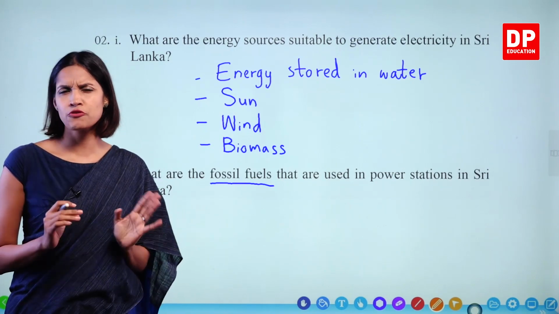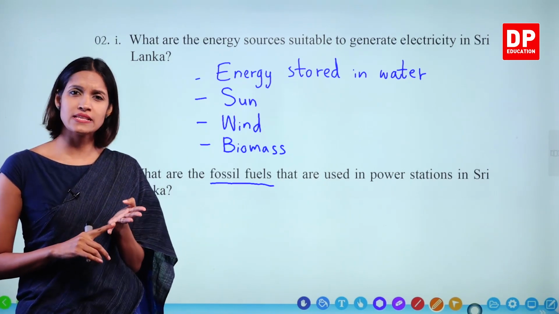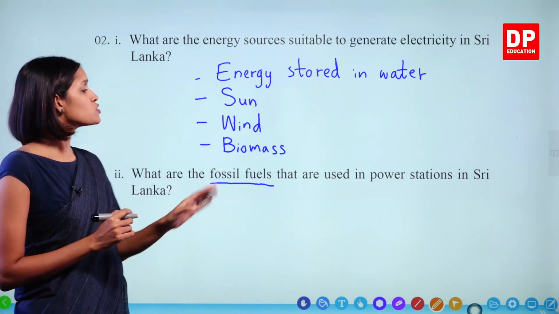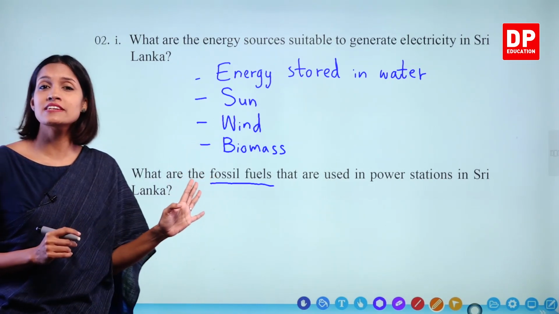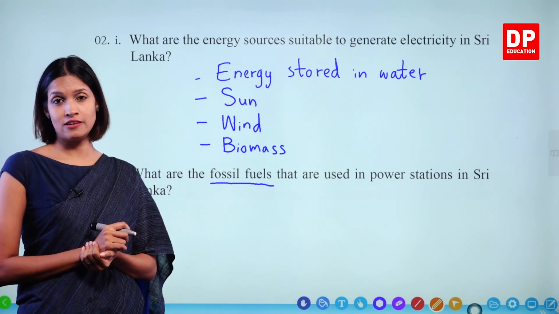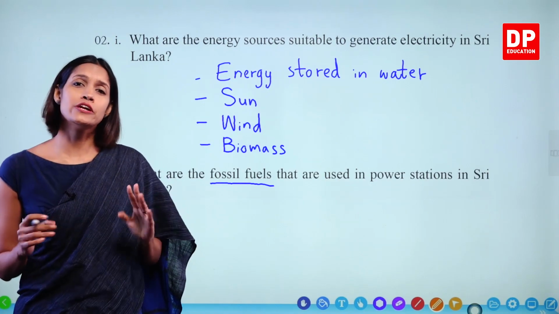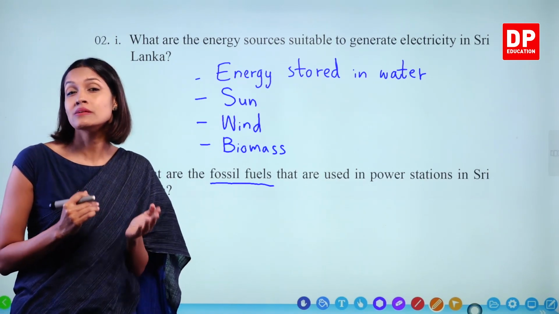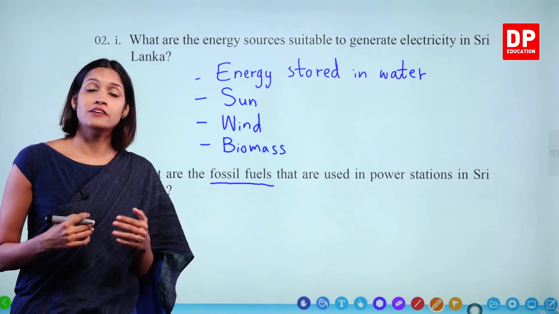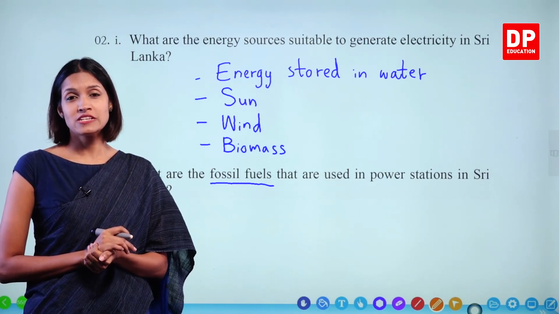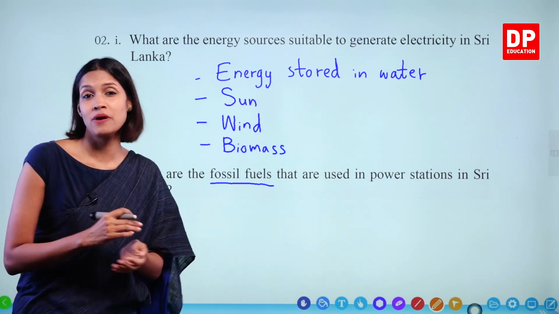What are the examples for fossil fuels? Coal is one example, diesel, petrol, those are the examples for fossil fuels. So in Sri Lanka, basically we use coal and diesel in order to generate electricity. Okay, children. So I already explained you in Norochole we have a coal power plant or thermal power plant. And we have diesel power plants as well. Okay, children, in Kalanithissa we have a diesel power plant.